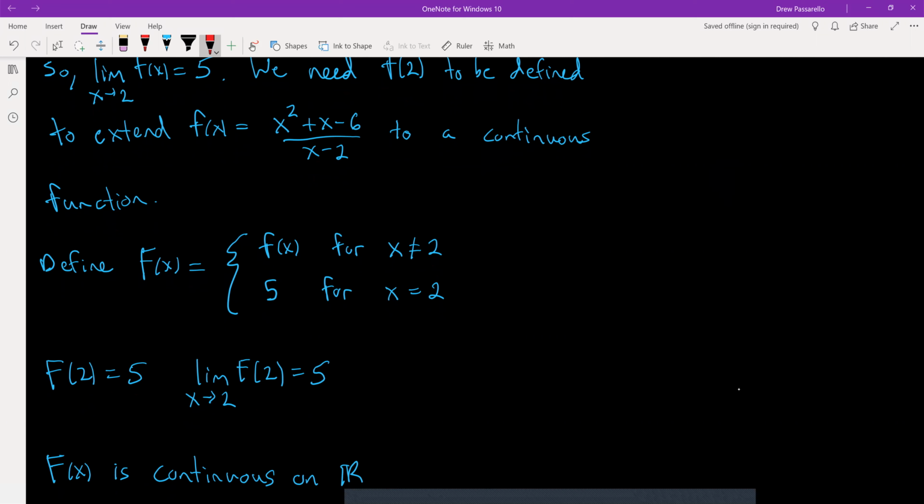Then this will make the function capital F of x continuous, because capital F of 2 is defined, it's equal to 5, and the limit as x approaches 2 of capital F of x is going to be equal to 5, since that's the same as the limit as x approaches 2 of little f of x.